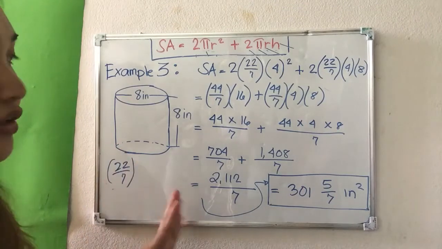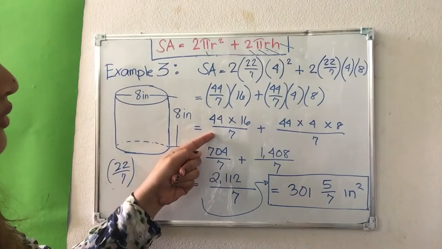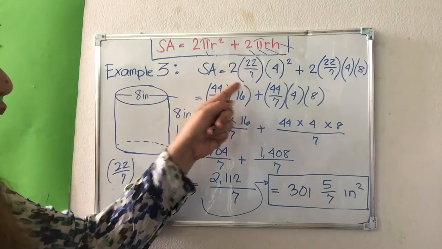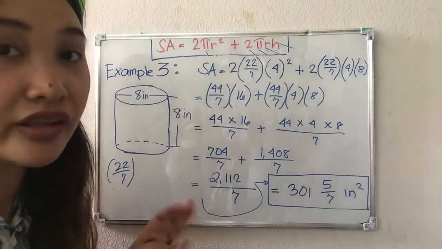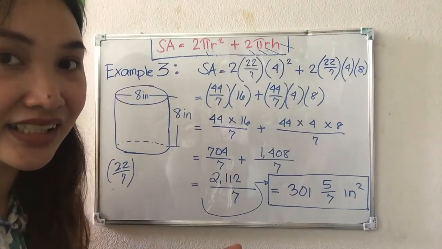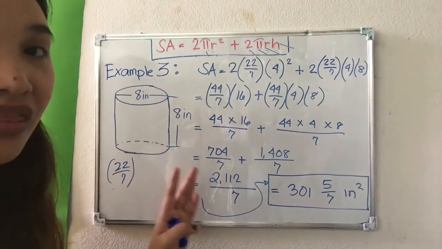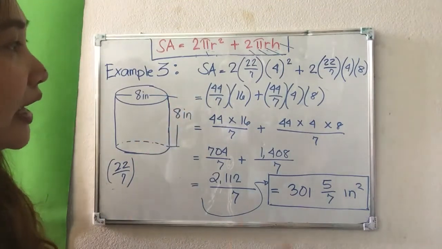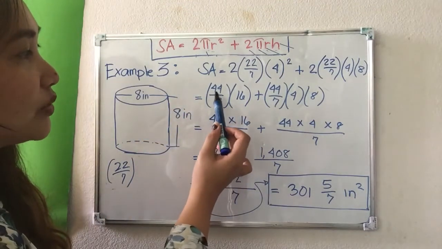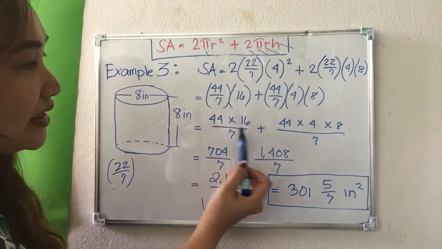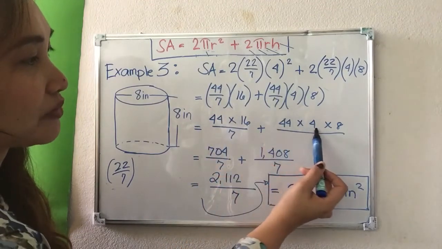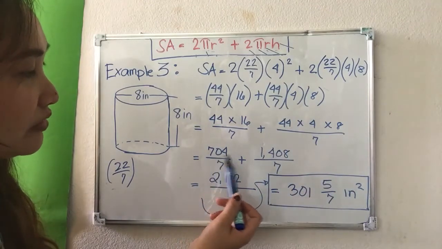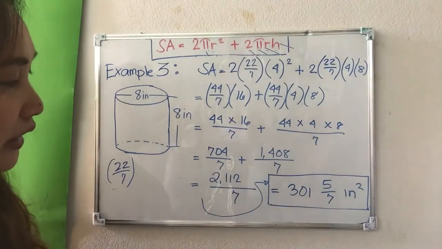Here I'm using the fraction form, 22/7 for pi, and like I said, you can use 3.14. You will still come up with the same answer. So a recap: we have 44 times 16 over 7, and 44 times 4 times 8/7, and then we simplify.